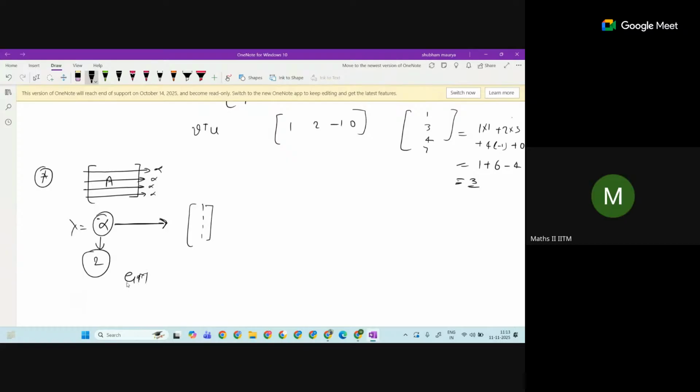It doesn't matter. But the fixed thing is that one eigenvector is going to be 1 1 1. The second one may differ.